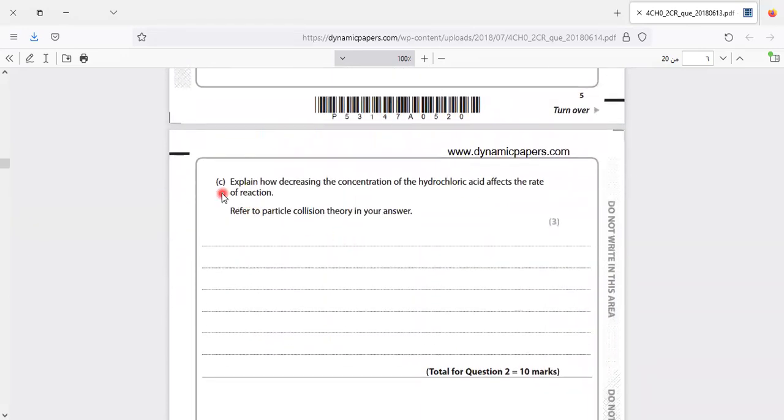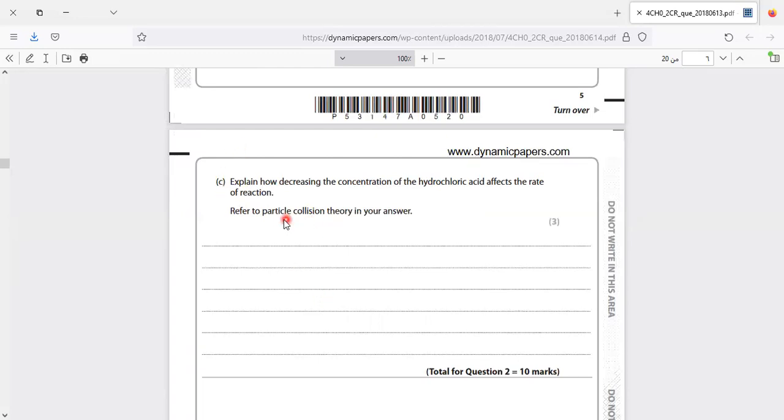Question letter C. Explain how decreasing the concentration of hydrochloric acid affects the rate of reaction, referring to particle collision theory in your answer. If you decrease the concentration of the hydrochloric acid, what will happen to the rate? The rate of reaction will decrease. So lower rate of the reaction. Why?